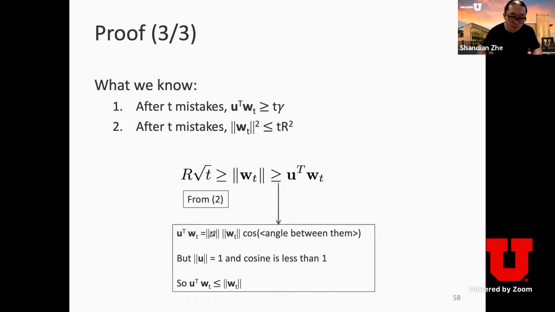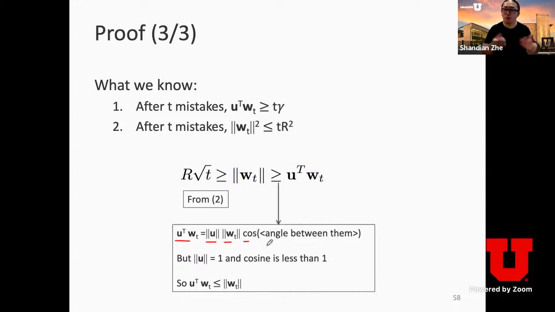For arbitrary two vectors, their inner product is equal to the norm of u times the norm of wt times the cosine of the angle between the two vectors.